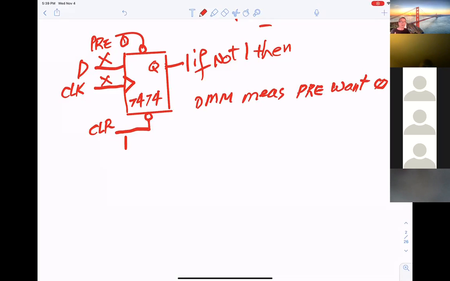When you measure the output Q, you want it to be a 1. If it can be anything but 1, then the first thing you need to do, using your meter, is measure at the preset, whatever pin number, we don't care now. You want it to be 0. Okay?